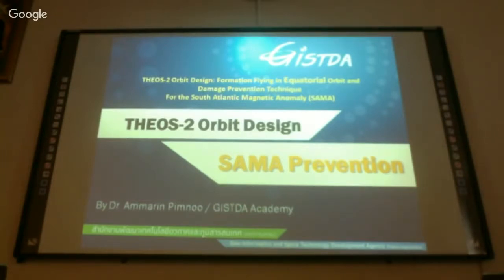Today, I would like to present the TR2 orbit design, the formation flying design in the coronal orbit, and think about the damage prevention techniques for the South Atlantic Magnetic Anomaly.